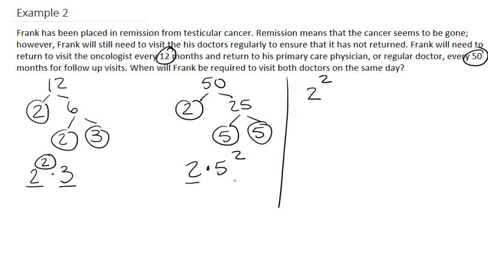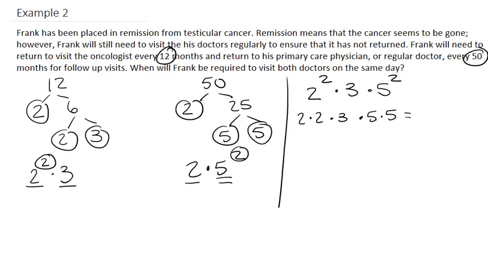We don't have a 3 in the other one, so we'll just write 3. The next unique factor is 5, and we see it's raised to the second power. So then when we multiply this out, we get 2 times 2 times 3 times 5 times 5.